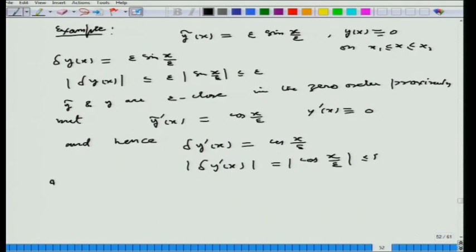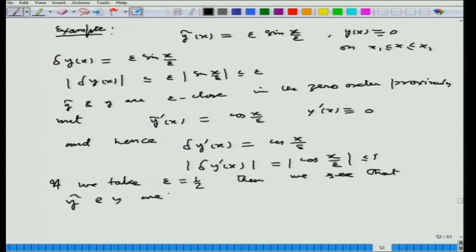And so, if we take epsilon equal to half, then we see that y tilde and y are not epsilon close to first order of proximity.